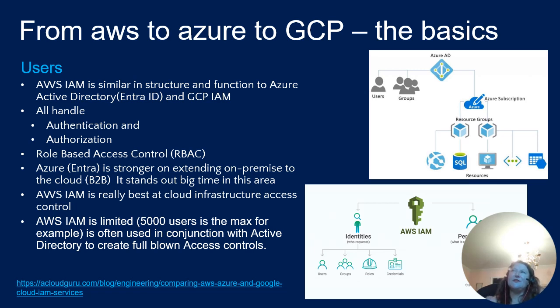Another way around it is to use something like Ping or Okta or Micro Focus IQ, which is now called OpenText something else instead of IQ, but I forget what it's called. So OpenText just took over Micro Focus, so all their product names have changed. So those tools can all extend what you have in the cloud already and make it more fully functional.